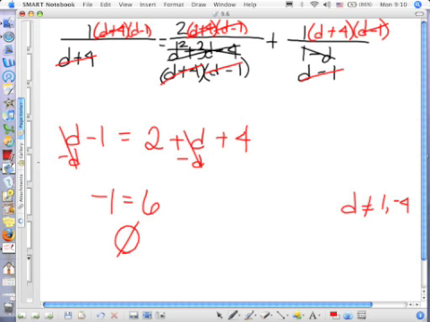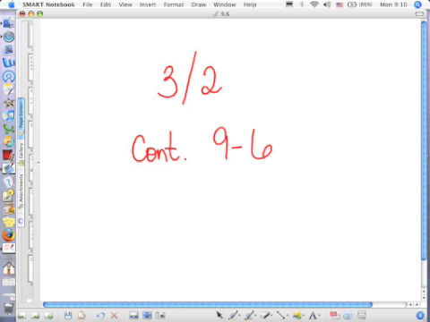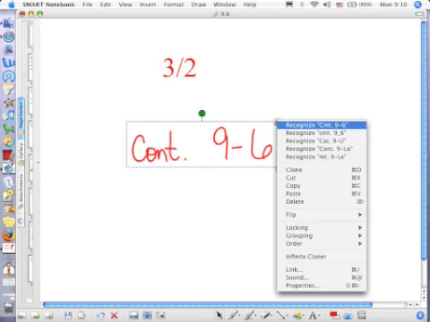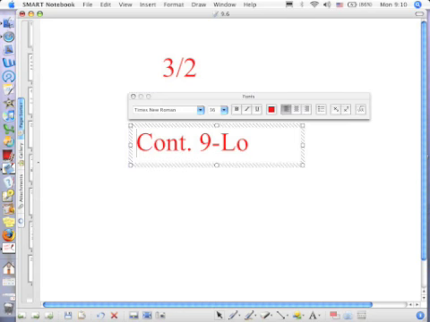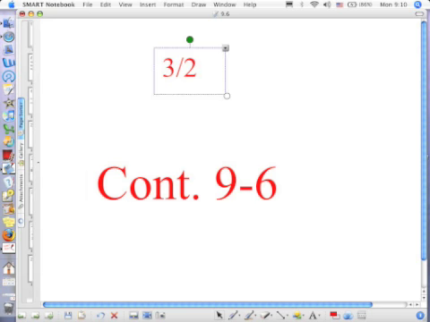All right. Today is March 2nd, and we are continuing section 9.6. Today we're going to deal with inequalities.